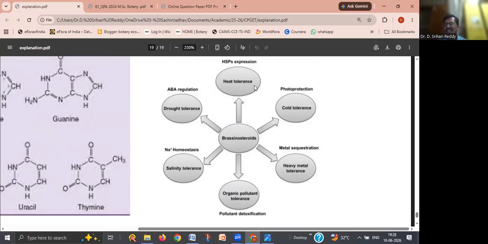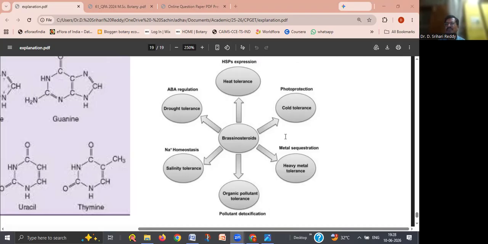If the temperature increases drastically in the summer season, it produces a shock called heat shock, and produces some heat shock proteins. So brassinosteroids give heat tolerance; plants can tolerate high temperature.